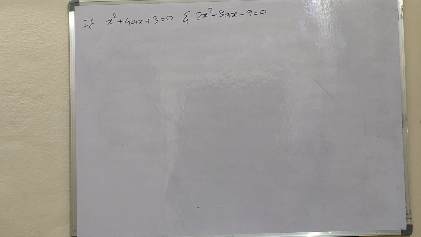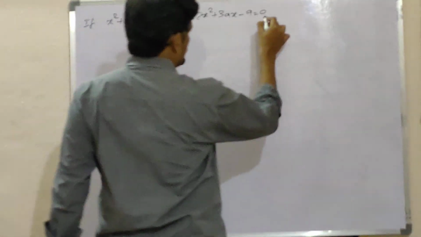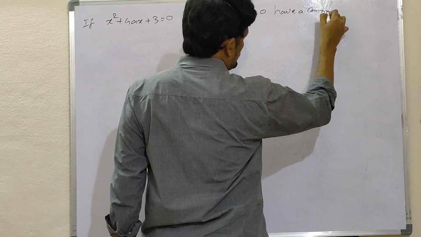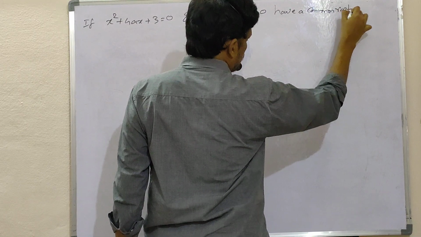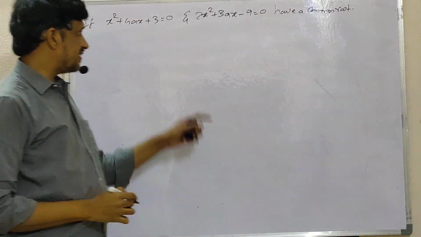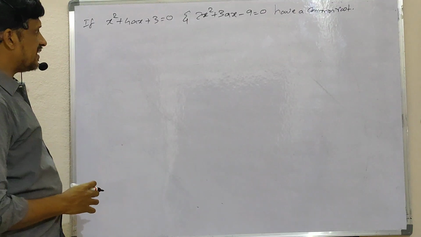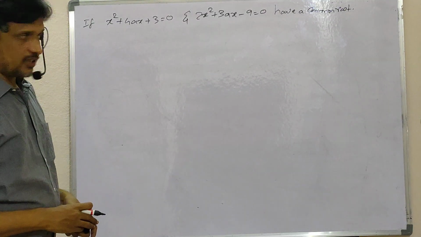The first one is x square plus 4ax plus 3 equal to 0 and the second one is 2x square plus 3ax minus 9 equal to 0. They have a common root. Then find a and the common root. Find the value of a and also the common root.